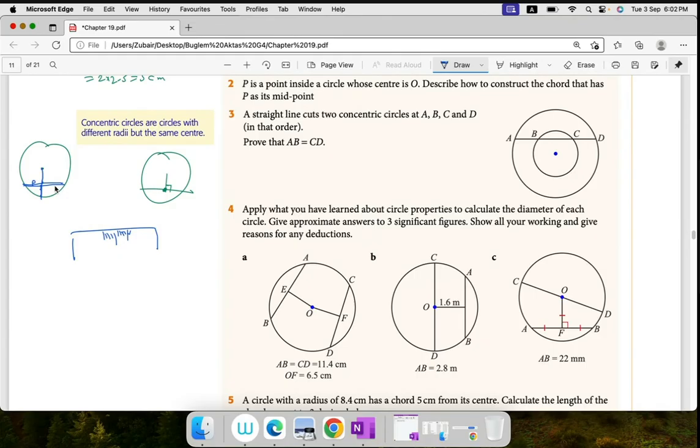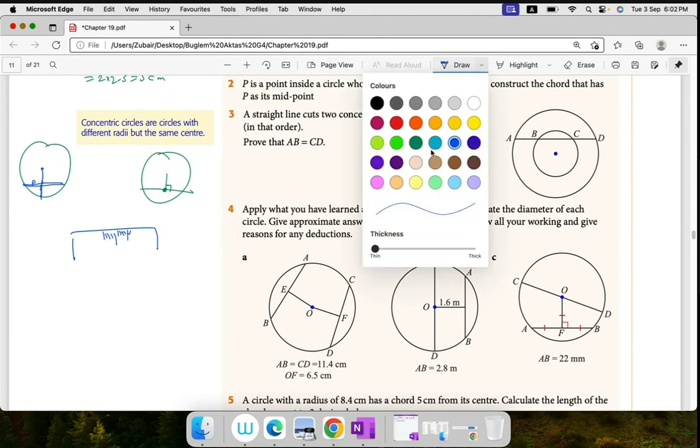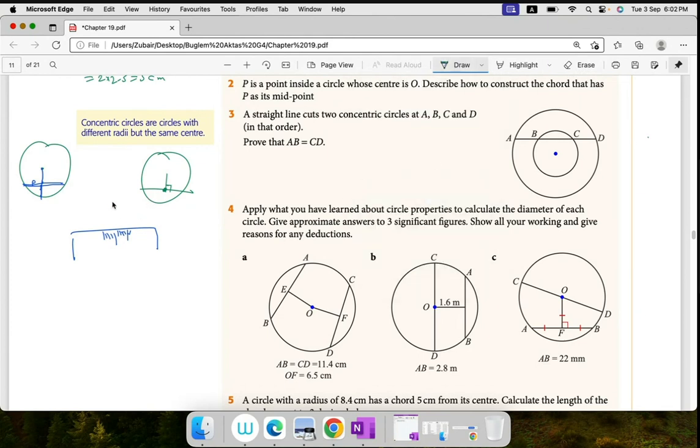The other method is a bit longer. We can use a compass and make a perpendicular bisector. So the line has to line up with the ruler's longest line? Yes, that would be easy to compare as compared to the shorter ones.